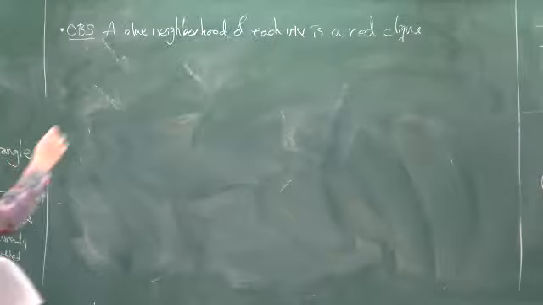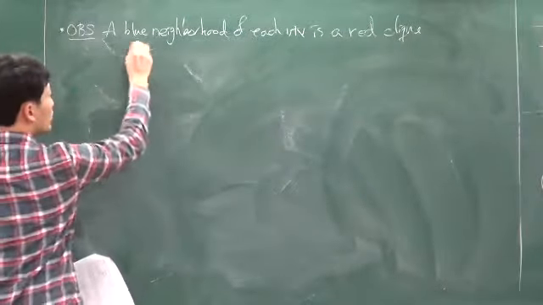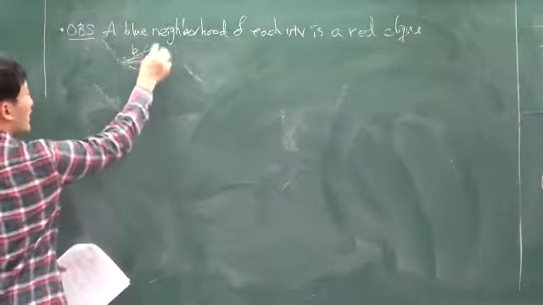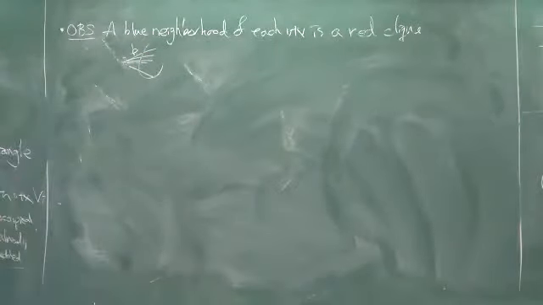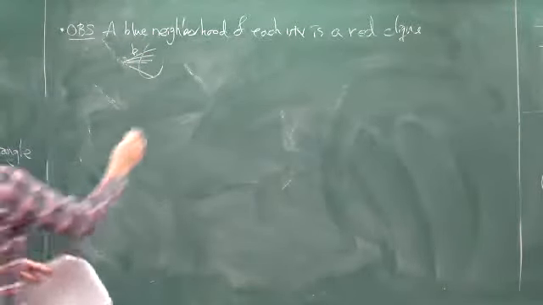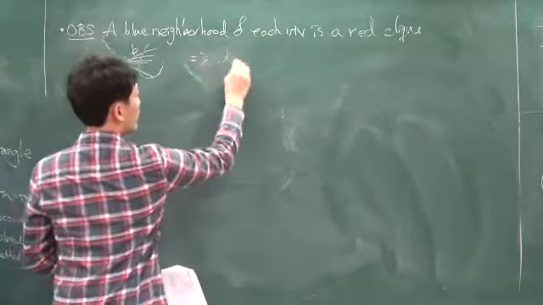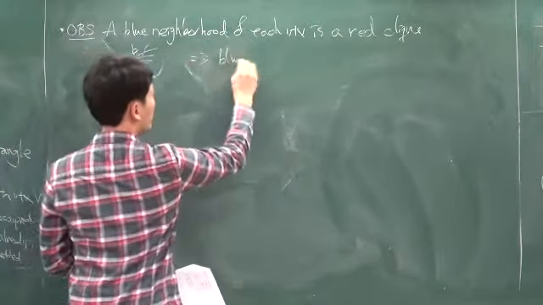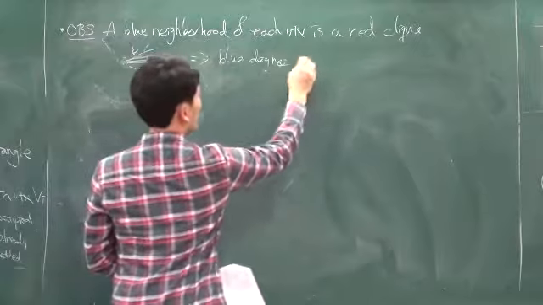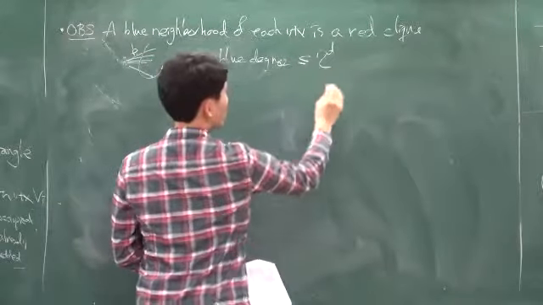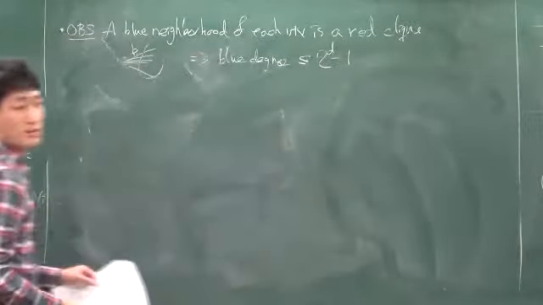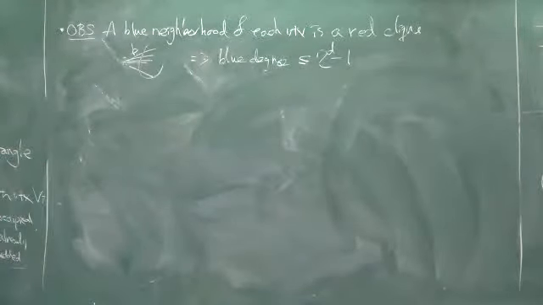If we have a vertex with blue neighbors, and these are all blue edges, we cannot have any blue edges inside. That means it forms a clique. That means the blue degree is at most, or less than, 2 to the d. Because otherwise, we already have a clique of size 2 to the d, for which you can just automatically embed the cube.